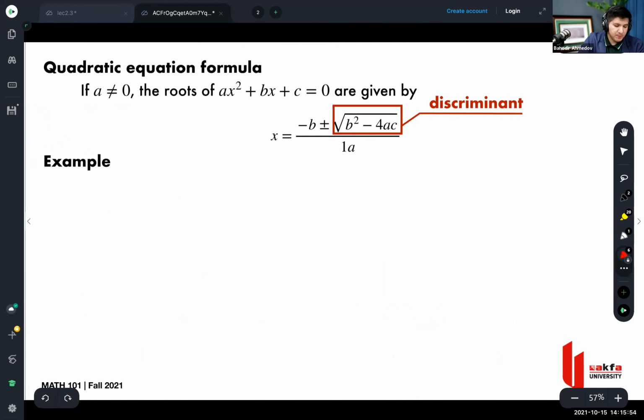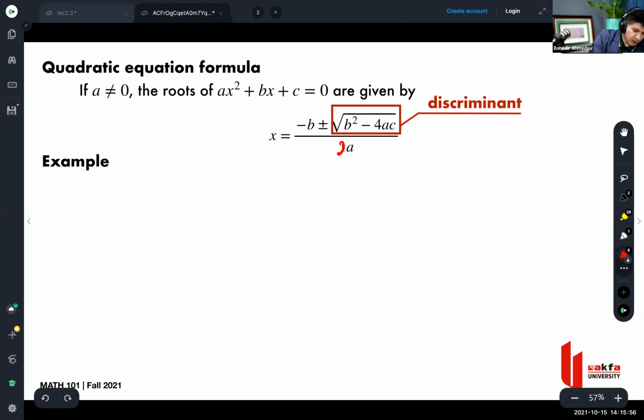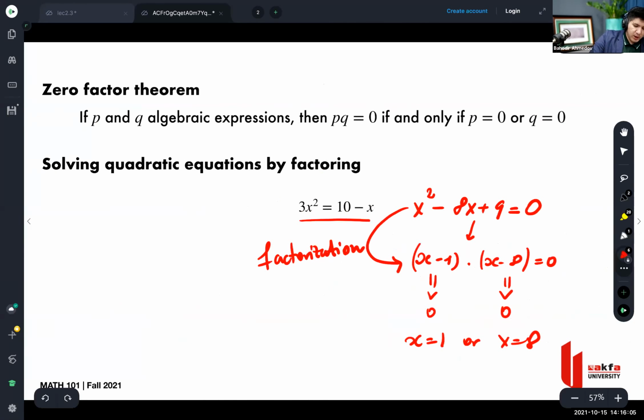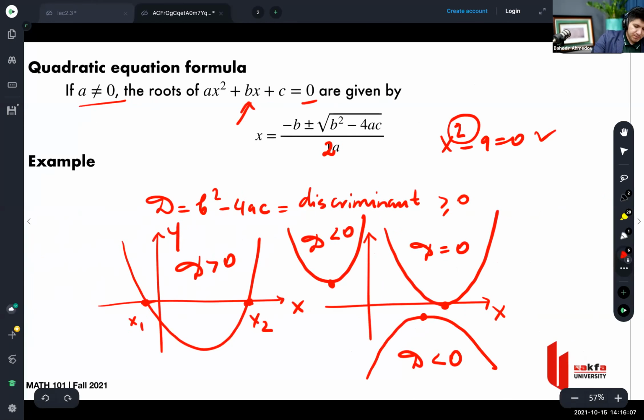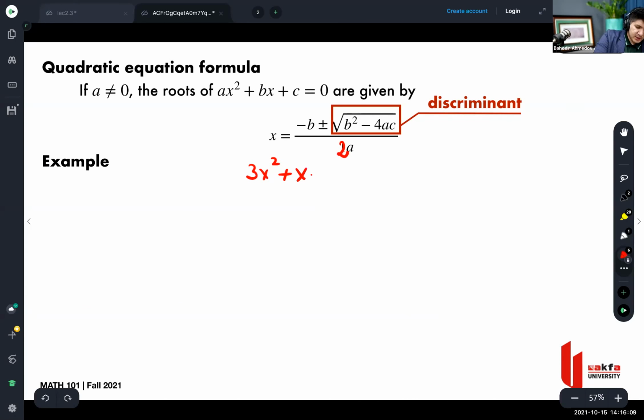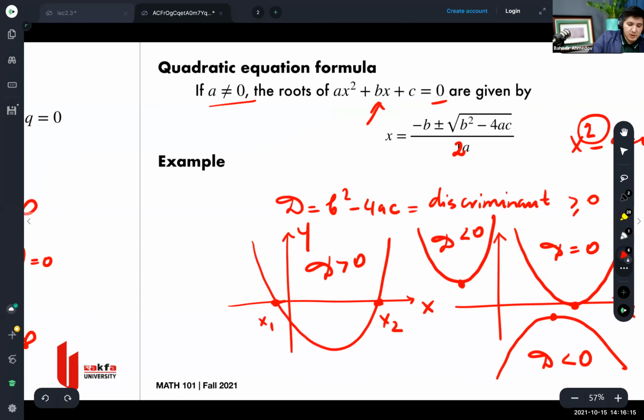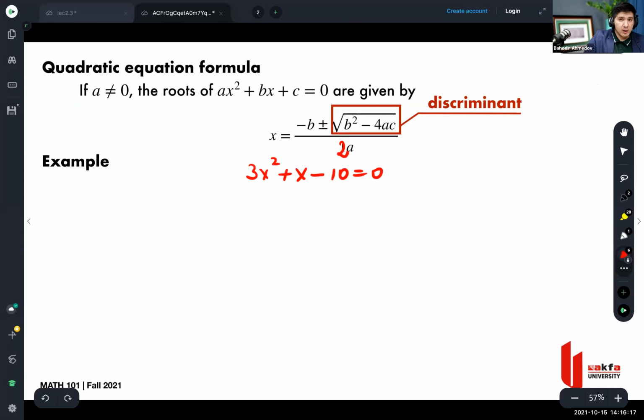So let's do an example. Let's say we are given the quadratic equation 3x squared plus x minus 10, sorry, is equal to 0. Is it like this? Cool. So let's try to solve this equation using this formula.